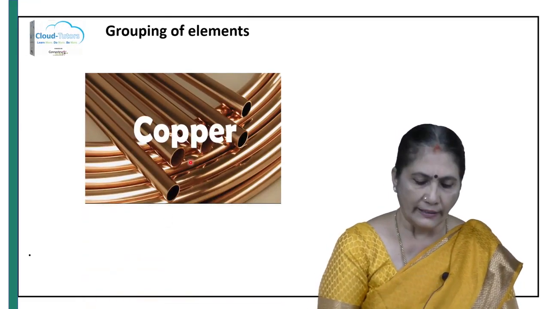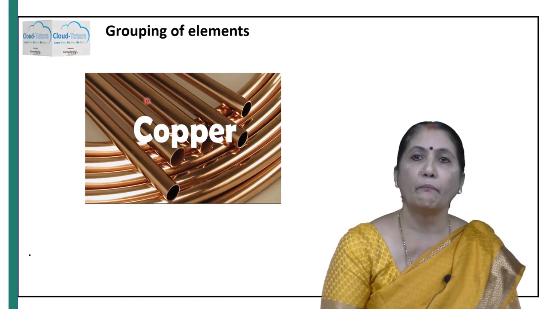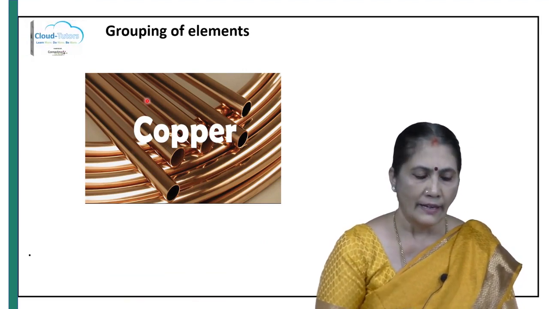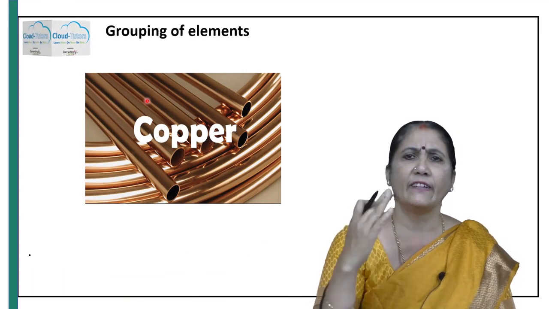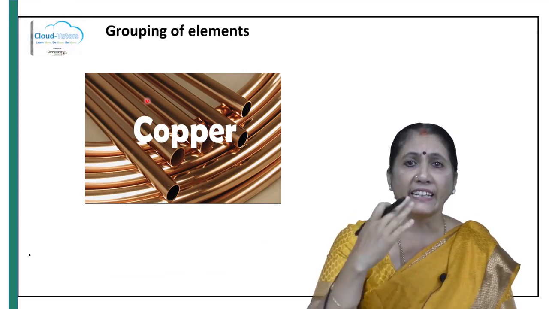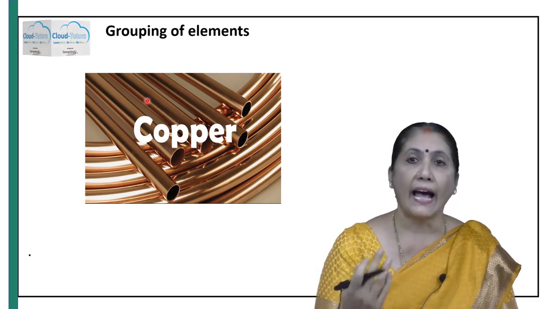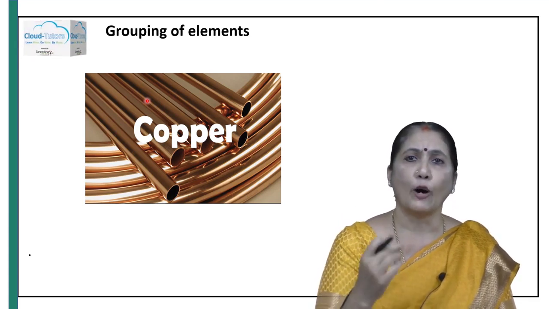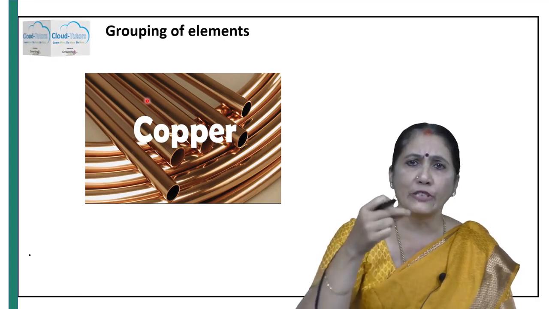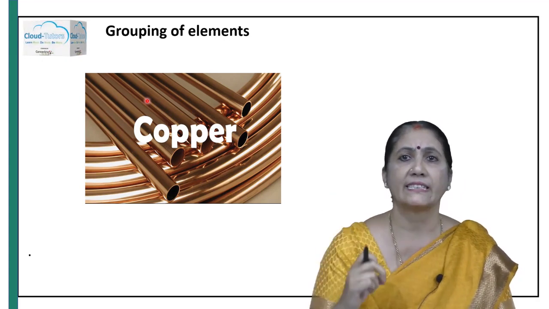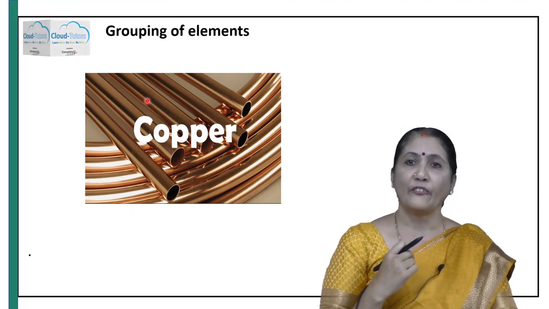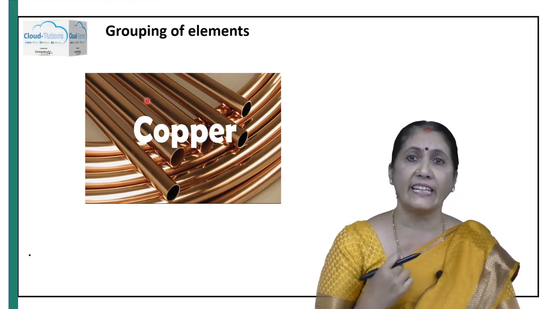Now, this is copper, given by the symbol Cu. It is very extensively utilized for making electrical connections. As we know, copper is one of the metals which is used in electrical wires because it is a good conductor of heat as well as electricity.